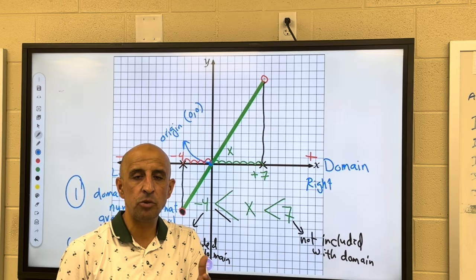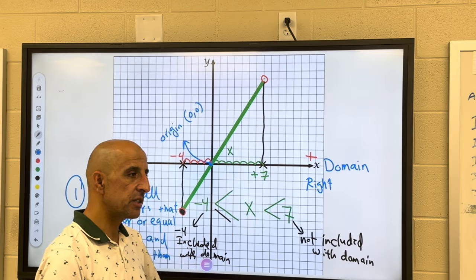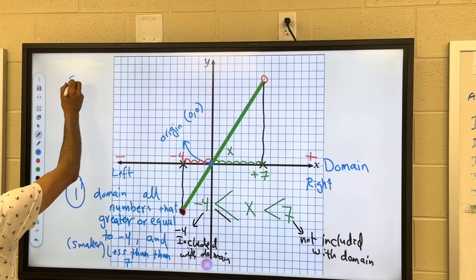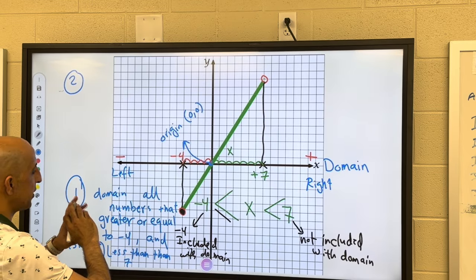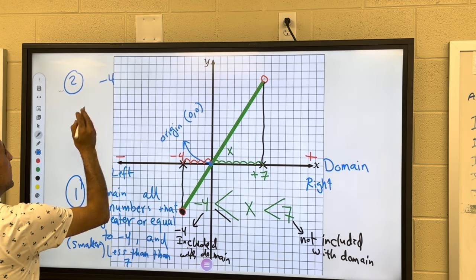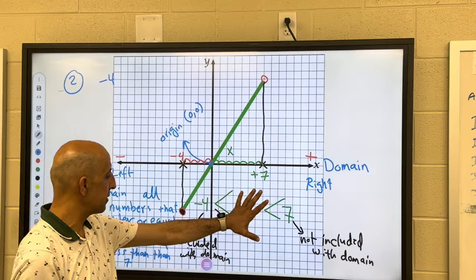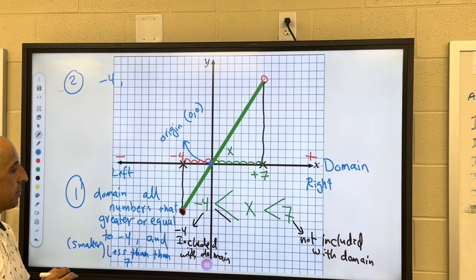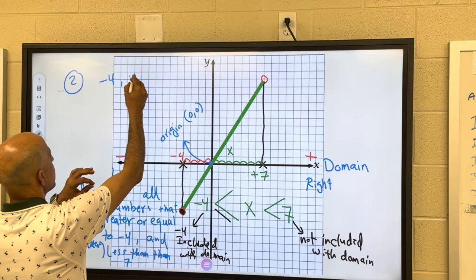Can I represent the domain in a different way? Yes, there is a simpler way. For example, let me write here number 2. I will do the same using -4. Instead of writing x, I will use a comma and then write 7.